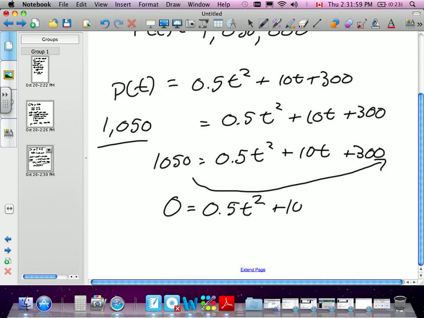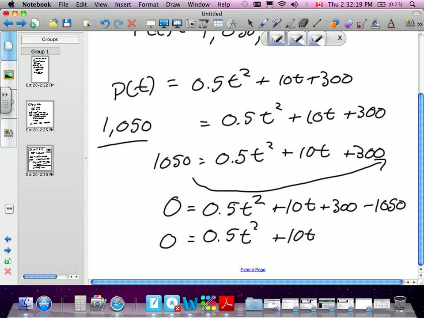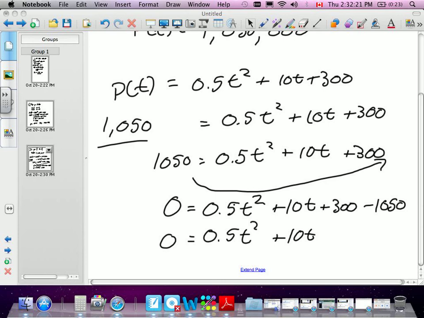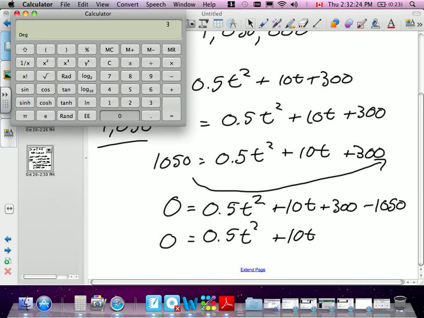We're going to simplify those last terms. We get 300 subtract 1,050, negative 750.